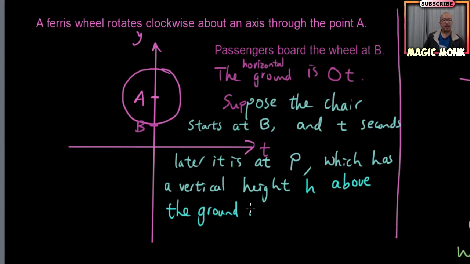Suppose the chair starts at B and t seconds later, so the chair starts here, t seconds later, so let's say t is the horizontal x-axis. So let's say t is 3 seconds, it might be here.